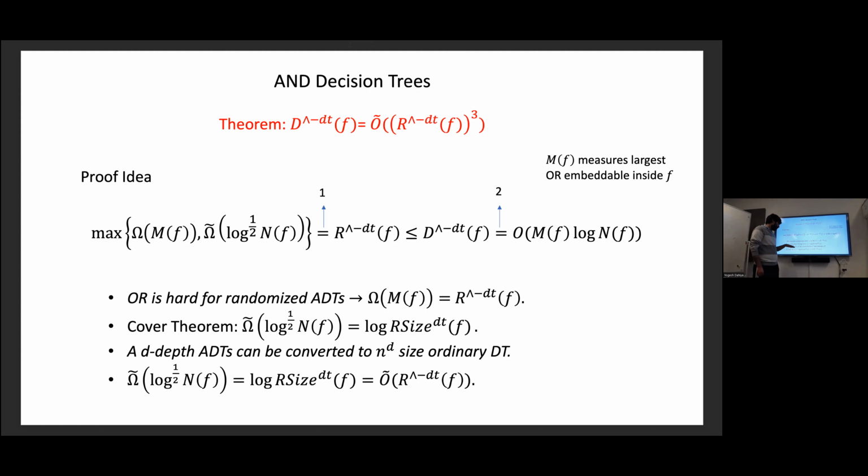If there is an AND decision tree of depth D, you can convert that into, yeah. So Haussler, and I don't know how to say his name, they work in the machine learning field. And this M on the machine learning side is called the hollow star number.